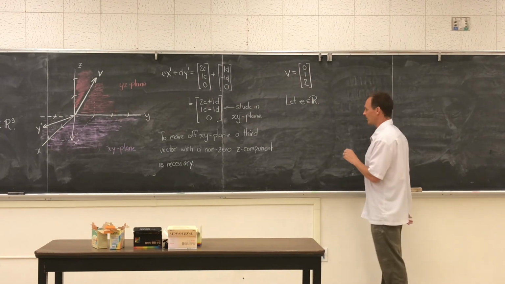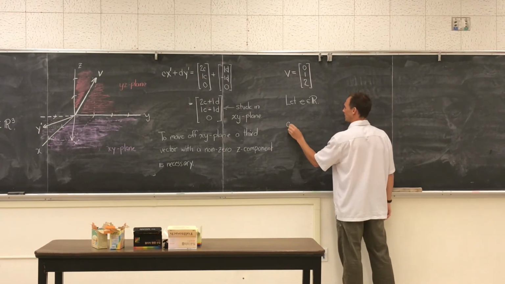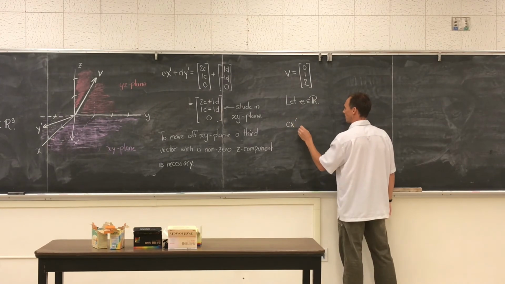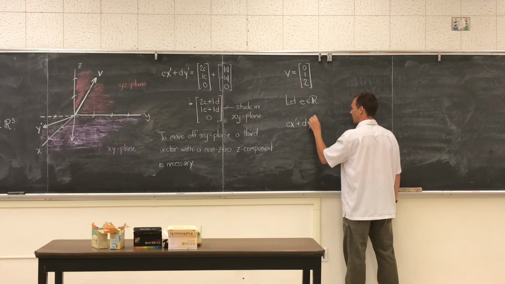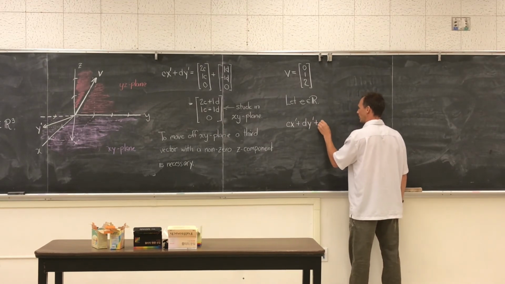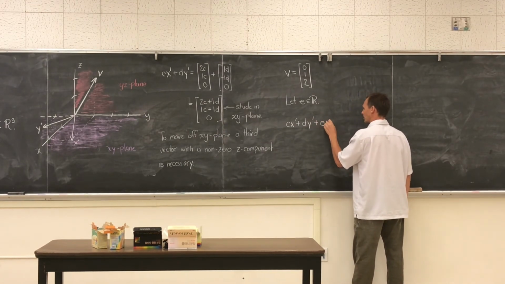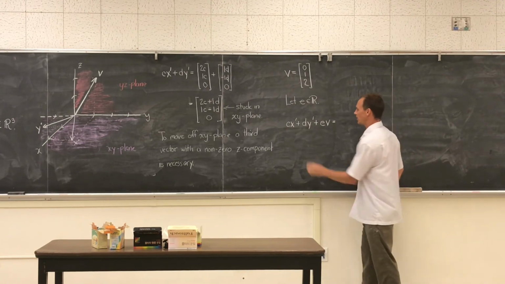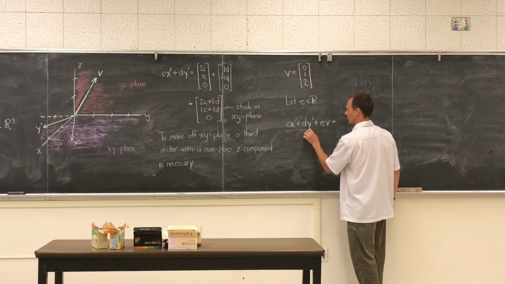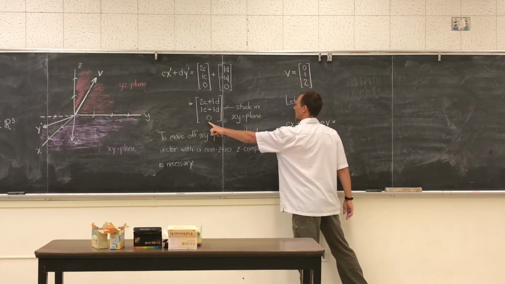So let's try this. If I take c times x prime, and I add to that d times y prime, plus e times the vector v, well, we've already figured out this piece. That we know. I'm going to copy it from right there.